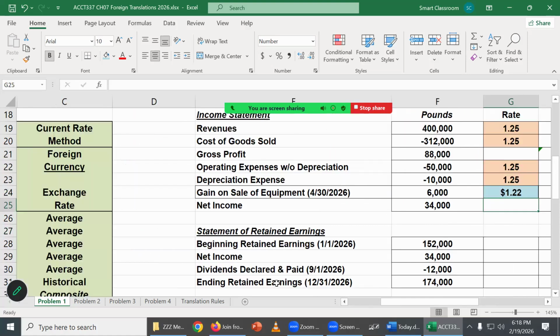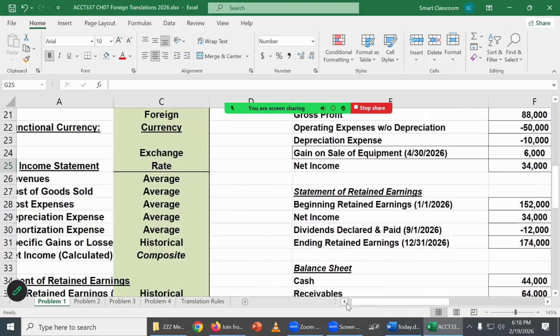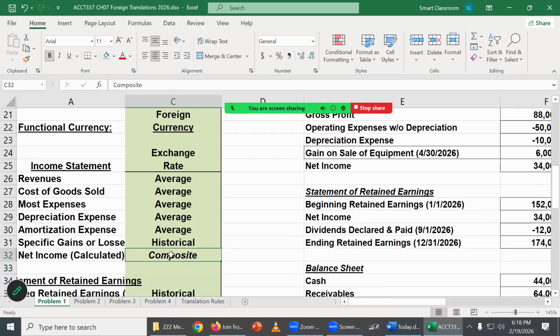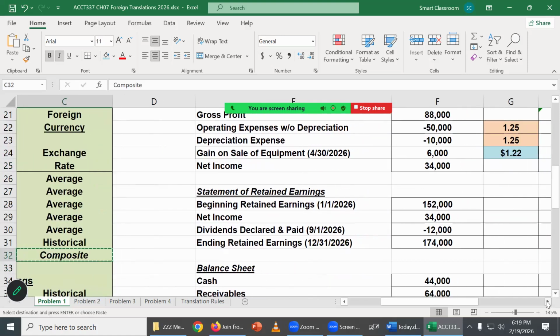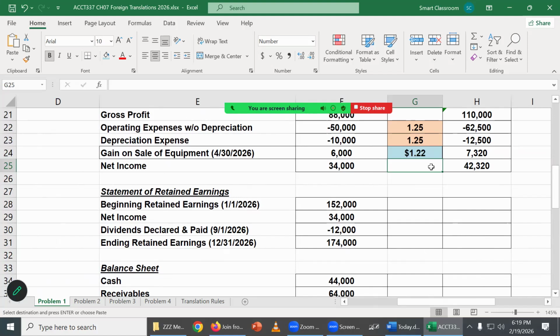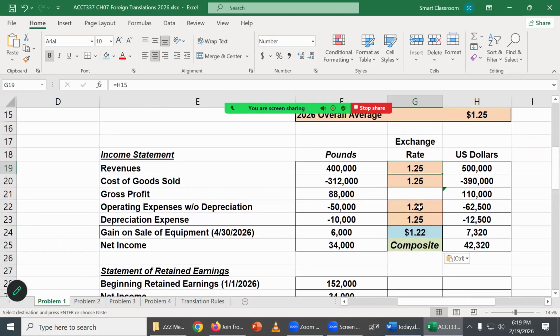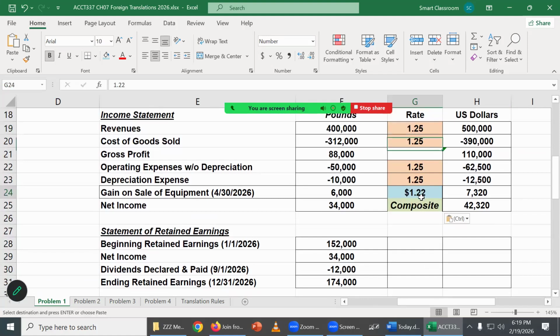Now I want to show you something here. When we're looking at this, you look at the income calculated and it says it's a composite rate. In other words, it's made up of a bunch of different rates, and you can see that already in this one, because it has 125, the average, but then it also has this 122. There is no one rate for this to get translated over.